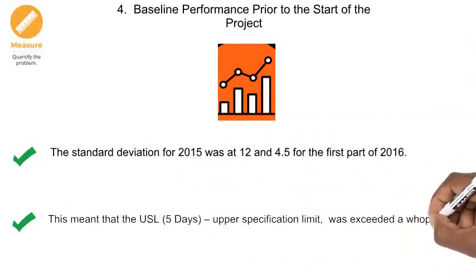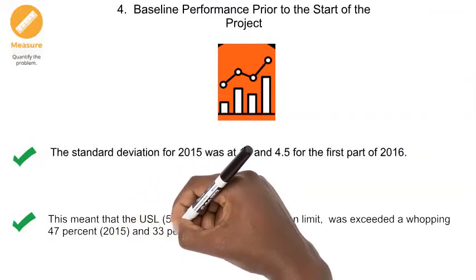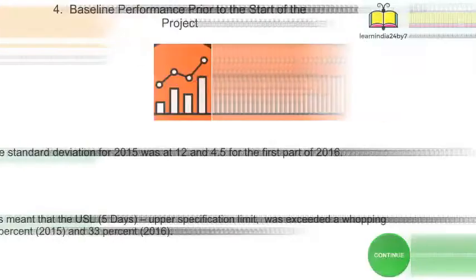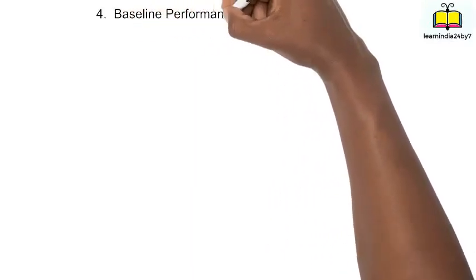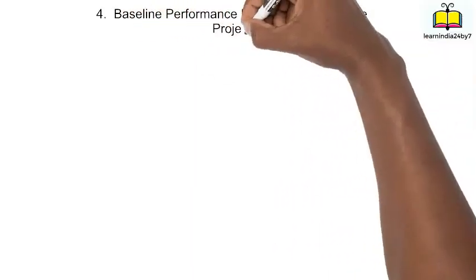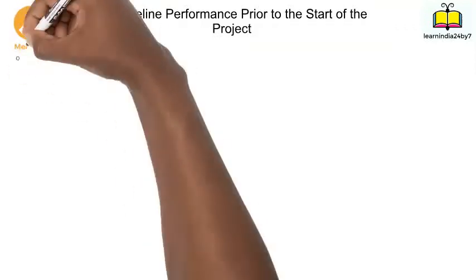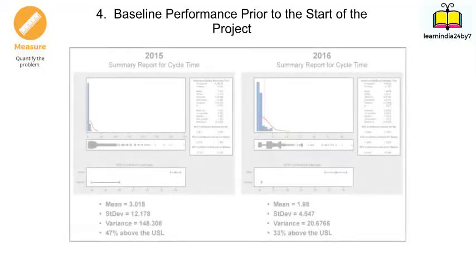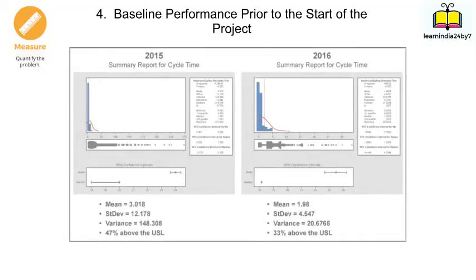This meant that the upper specification limit of 5 days was exceeded by a whopping 47% for 2015 and 33% for 2016. Almost half of the POs being issued went beyond the acceptable service level of 5 days.